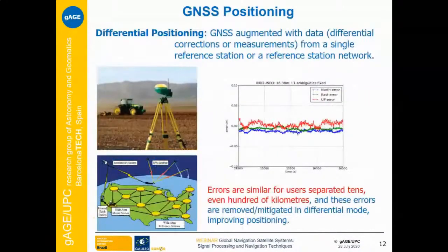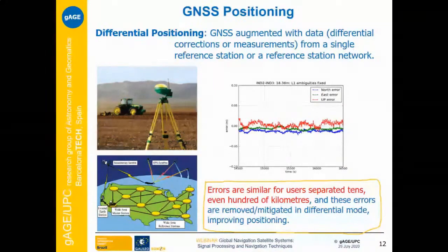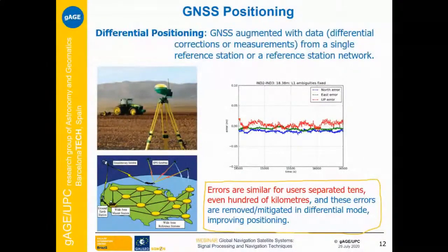We have already seen this slide, but now let's analyze the idea that the errors we have seen in the previous slides, affecting GNSS no matter if it's standalone or differential, are always present.